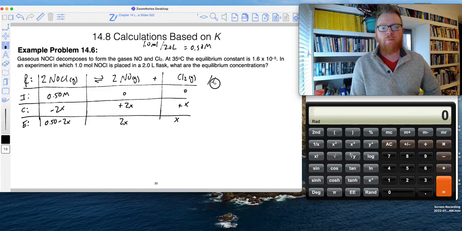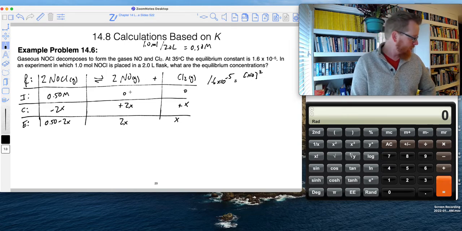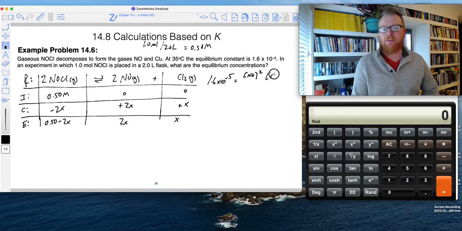Now we set up our equilibrium expression. That's 1.6 times 10 to the negative 5 equals products over reactants, and that's NO squared, because we got that 2 coefficient, times Cl2, all divided by NOCl squared.